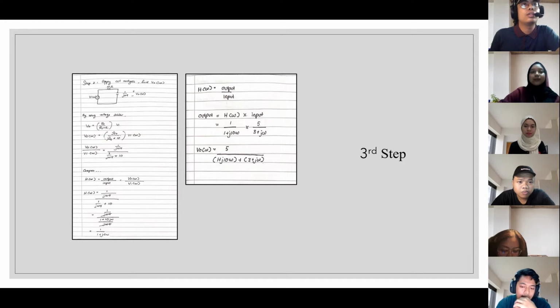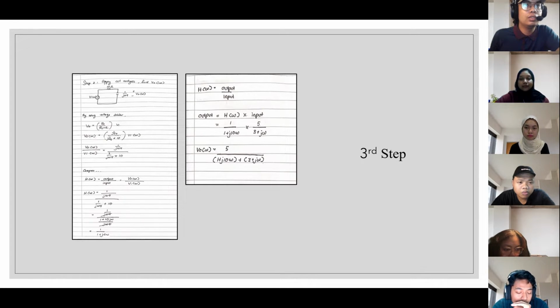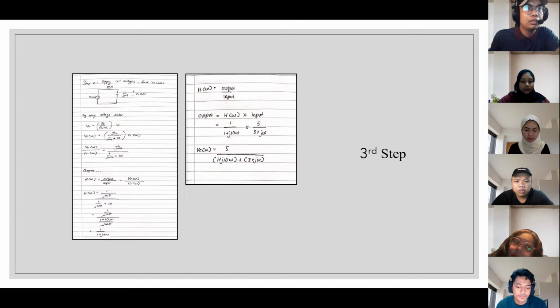V out(ω) equals 1 over j omega 4 over 1 over j omega 4 plus 10 times V in(ω). So V out(ω) over V in(ω) equals 1 over j omega 4 over 1 over j omega 4 plus 10. And compare H(ω), output over input, and we will get the answer 1 over 1 plus j10 omega.